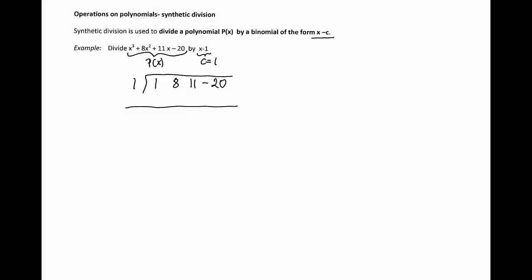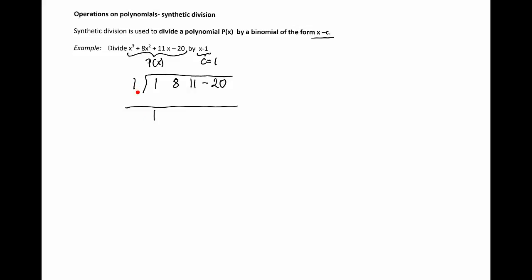We'll start with rewriting the leading coefficient below the horizontal line in the same column. So we'll write 1 in here. Next, we'll multiply c by that number in the position under the horizontal line.